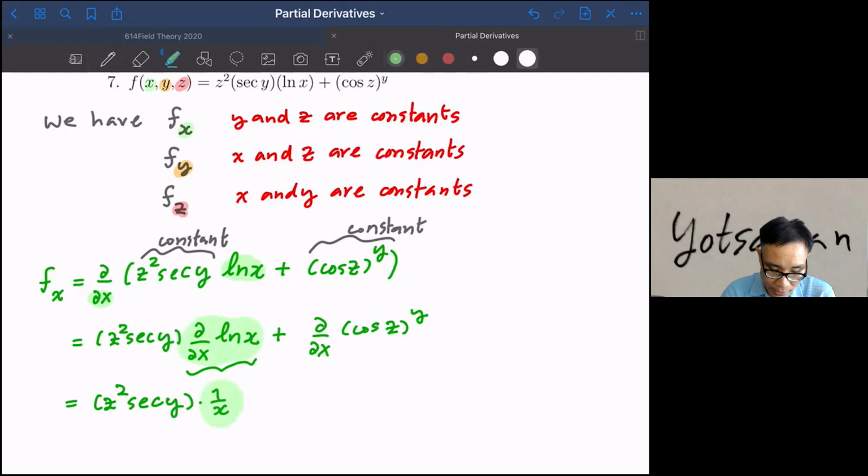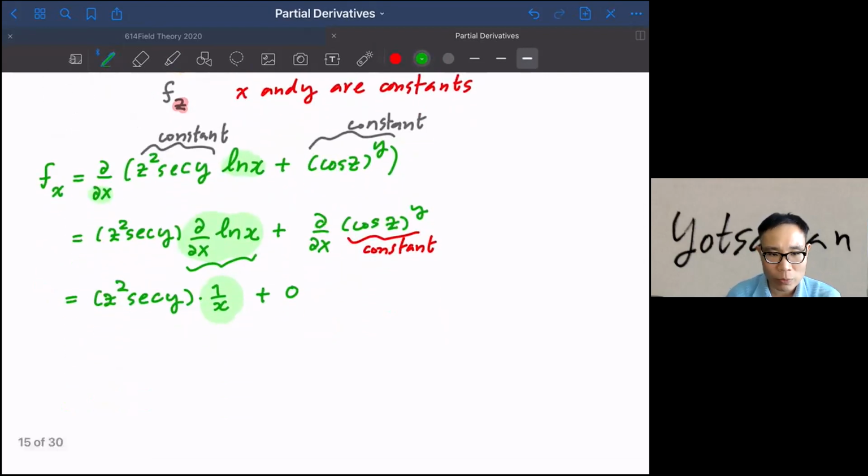And the other one turned out to be constant, and when you differentiate a constant, you just get 0. And that's it for the partial derivative with respect to x, where y and z are constant.